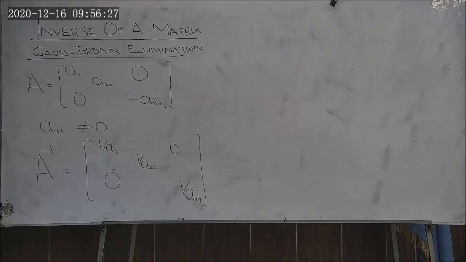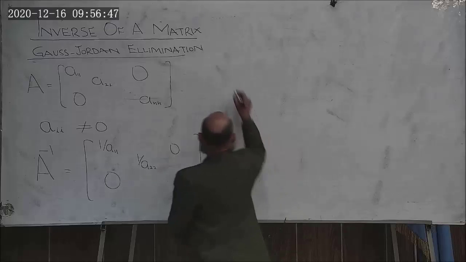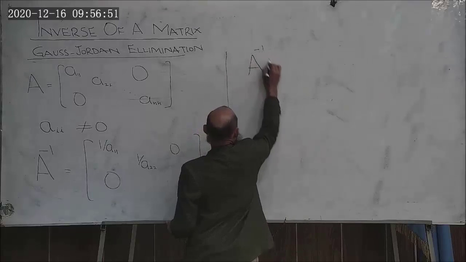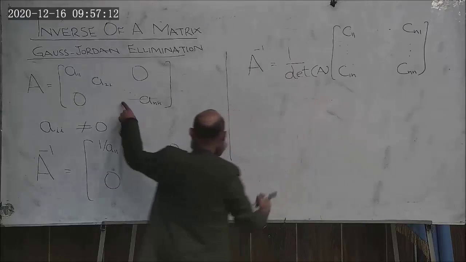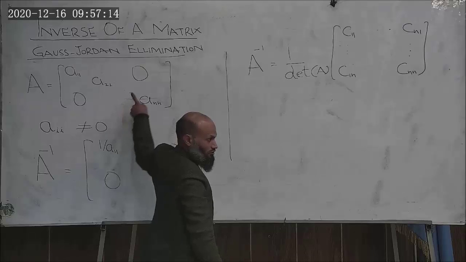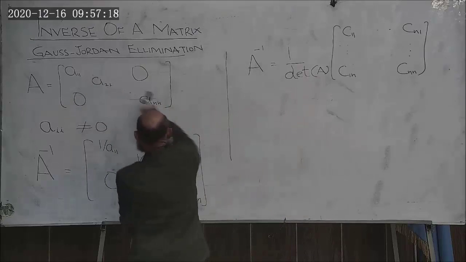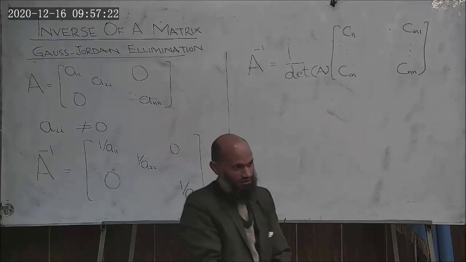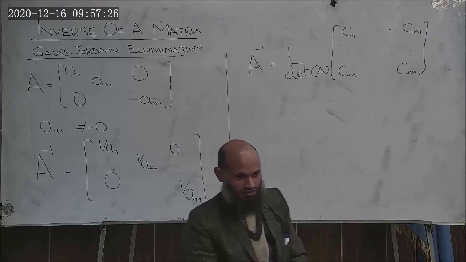So proof of this statement is very simple. There are different ways to prove this thing. You know that inverse of this matrix is given by, what is determinant of A? So determinant of A is the product of these entries on the diagonal. We know for triangular matrix, the determinant is the product of entries on the diagonal.